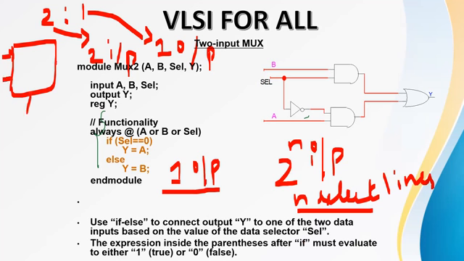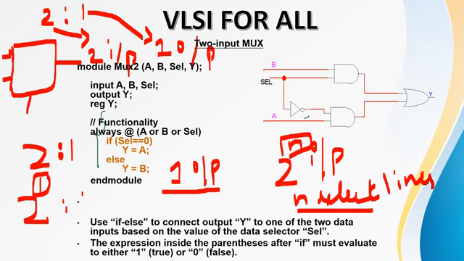See, for example, let me consider 2:1 mux. What is this 2:1 mux? 2 power 1 indicates one select line. As I said, this n is the select line, right? So this 1 is the select line. This 2 indicates inputs. Okay?